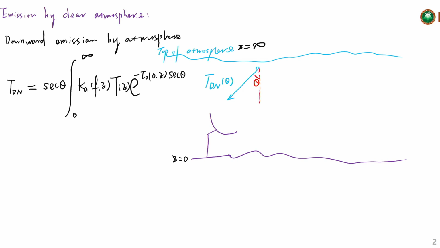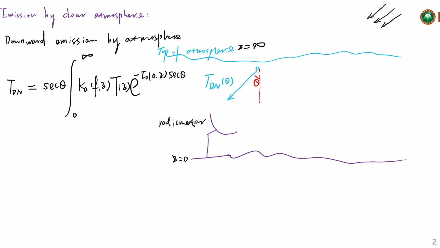However, this is the downward emission by the atmosphere, but it is not the detected signal by the radiometer. Why? Because we have several other emissions. They were emitted by the cosmic and the galactic sources from space.